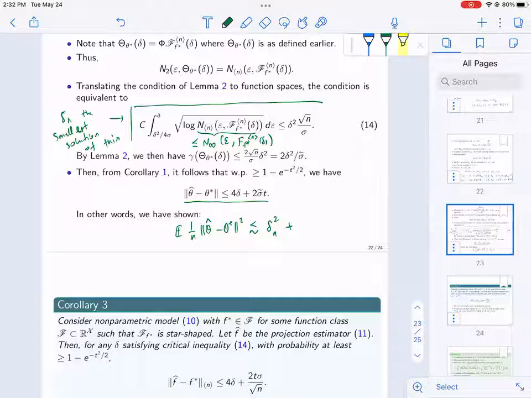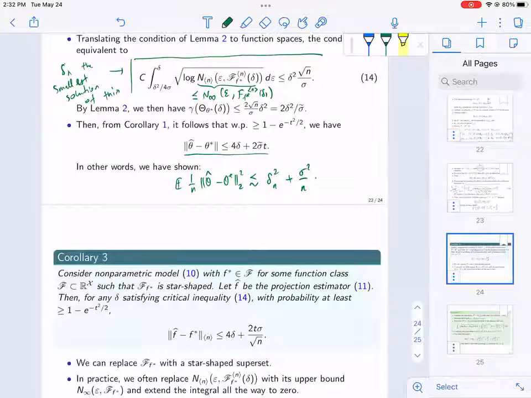So this gives me sigma squared over n, basically. Okay, so what is this? In our case this is 1 over n times phi of f hat minus phi of f star. So you translate back, which is, sorry, not phi.